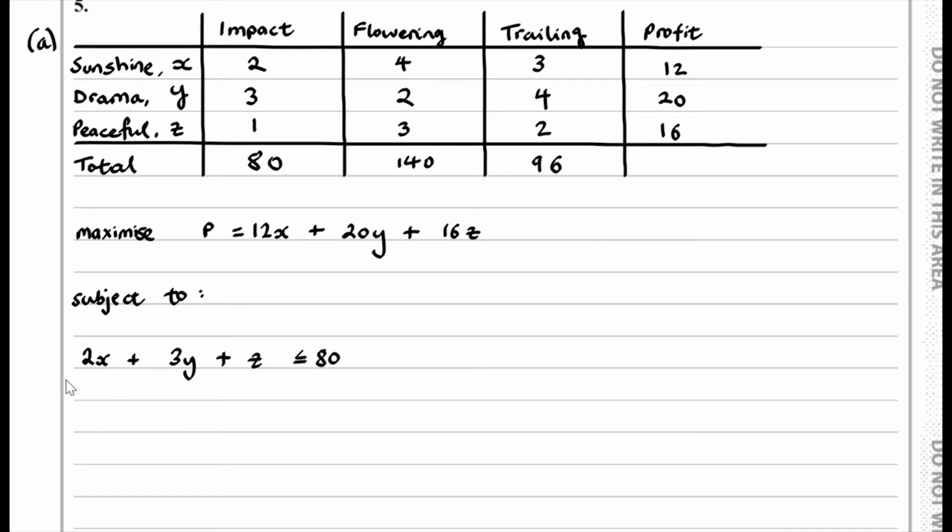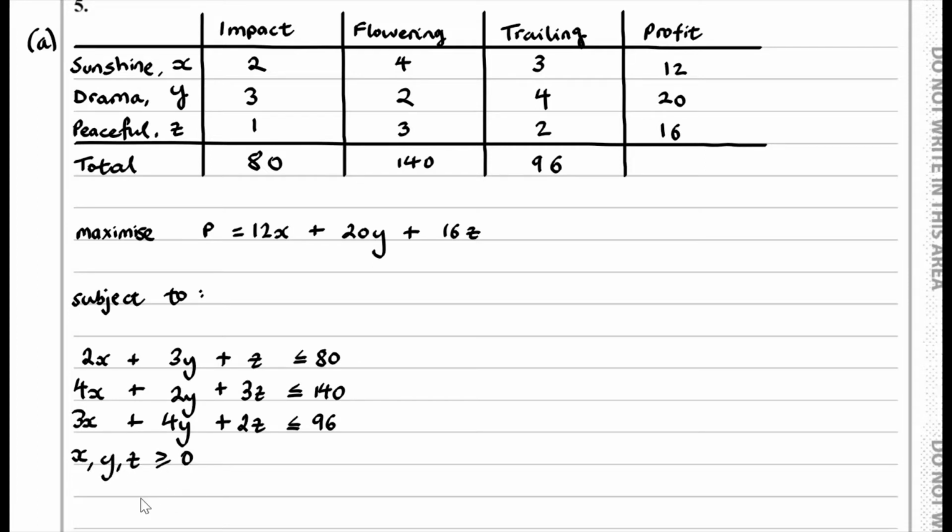Also we have 4x plus 2y plus 3z being less than or equal to 140, and finally we have 3x plus 4y plus 2z being less than or equal to 96. Well, actually we've also got another set of inequalities. X, Y and Z must be greater than or equal to 0.